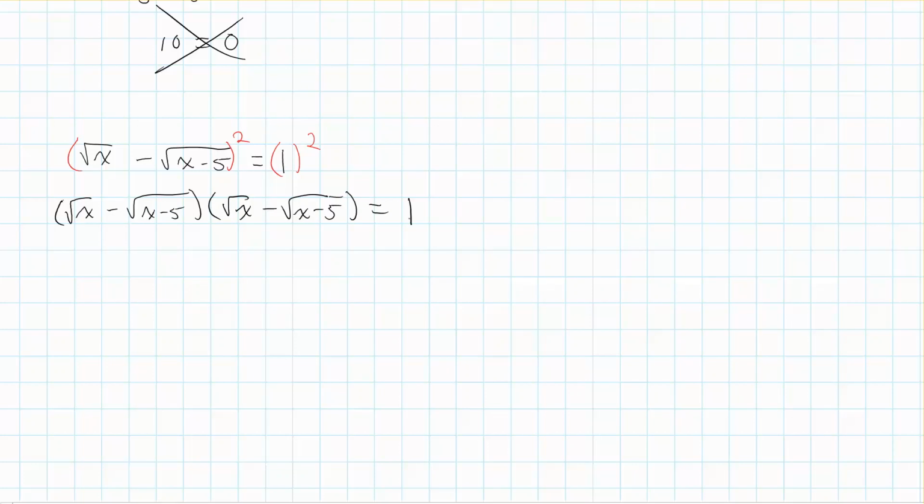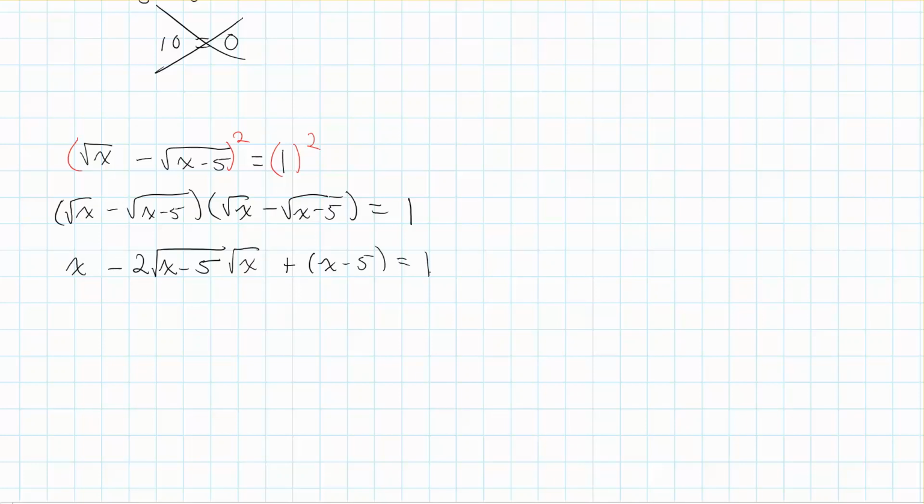Okay, well if we FOILed this out, you'd get x minus 2 times the square root of x minus 5 times the square root of x. And then this would be a negative times a negative, so this would be plus then x minus 5 equals 1.